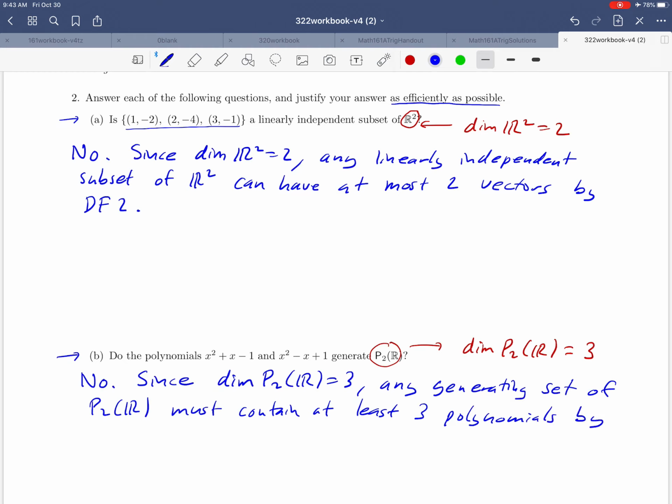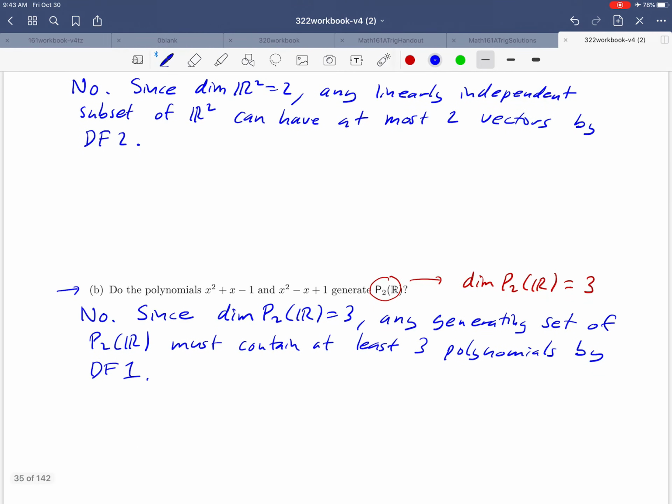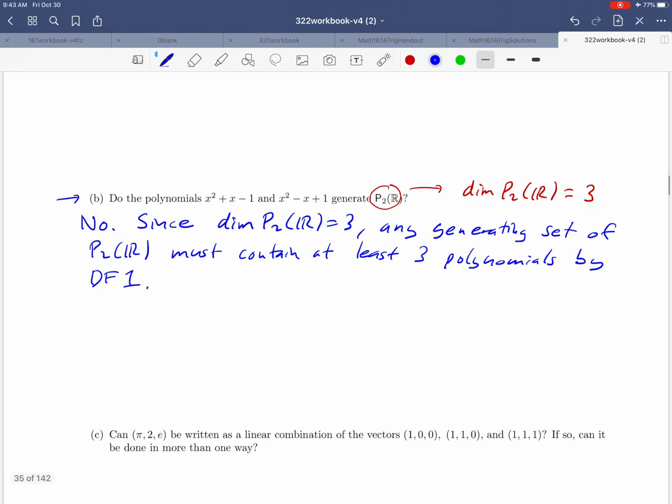If you look back, that's dimension fact 1 that we're using there. Again, we were able to answer that question without doing any calculations, just using the fact that a generating set has to contain at least three polynomials, and we don't have three polynomials, so the answer must be no here.